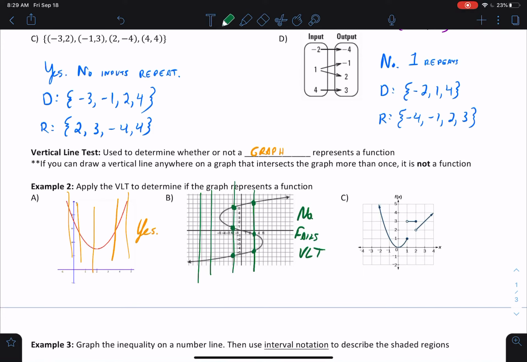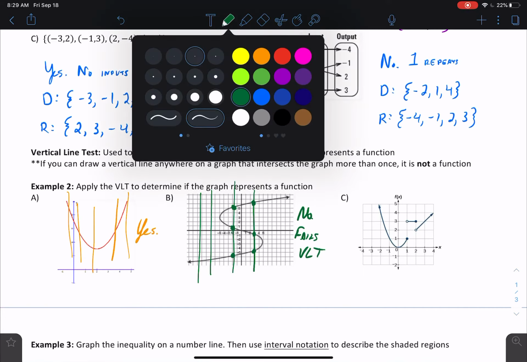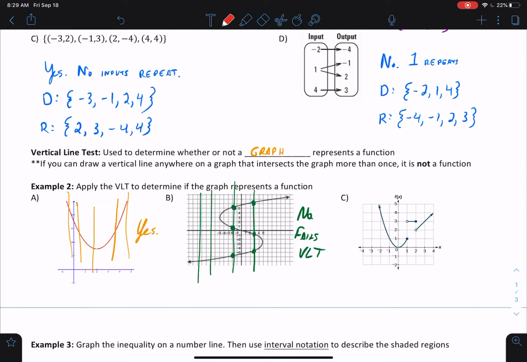What about in C? So C is a weird looking graph, all right? So if I started drawing vertical lines, you might think right here we're going to have an issue. Or right here we're going to have an issue because it goes through what looks like 2 points. All right, but notice how we have an open circle here and an open circle there.